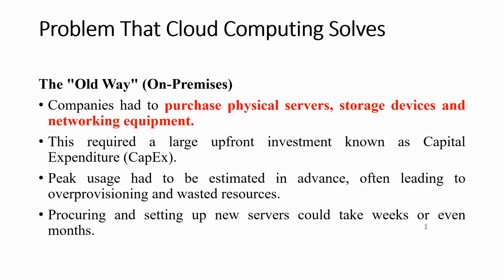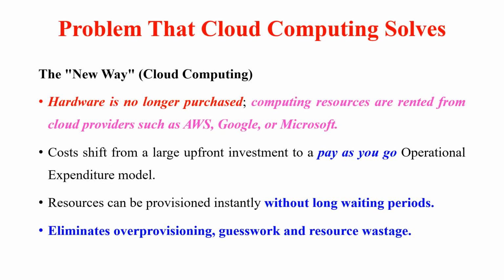So instead of that, they go with the next option, which is cloud computing. Cloud will be your new way. What happens in the new way of cloud computing is that hardware is no longer purchased. We are not going to purchase any servers or storage devices. The computing resources are rented.